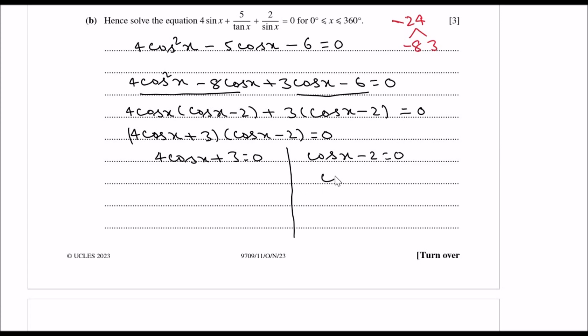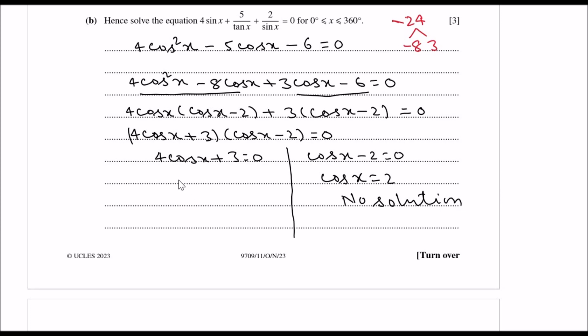Now cos x minus 2 equal to 0 gives us cos x equal to 2, which is not possible because we know cos x lies between minimum value of minus 1 and maximum value of 1. So it cannot go beyond that. So cos x equal to 2 not possible. So this will give us no solution. Okay.